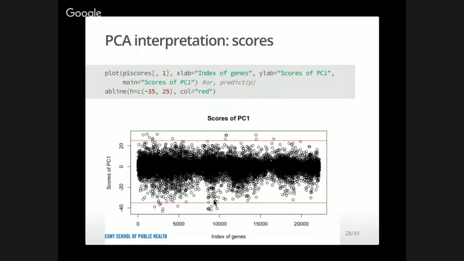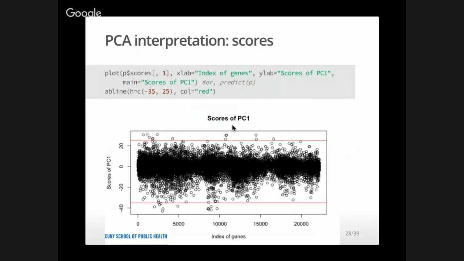So if we were calculating the value of PC1, we would take the expression value of this gene and multiply it by 25, and the expression value of this gene and multiply it by negative 41. So their importance is really magnified in PC1 relative to all of these ones in the center that get multiplied by something smaller.